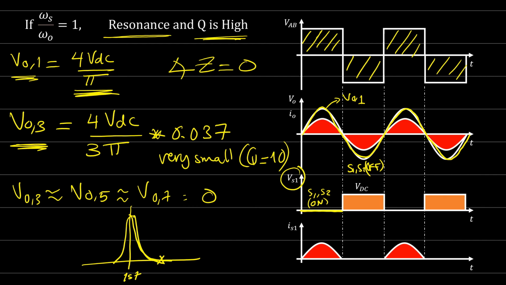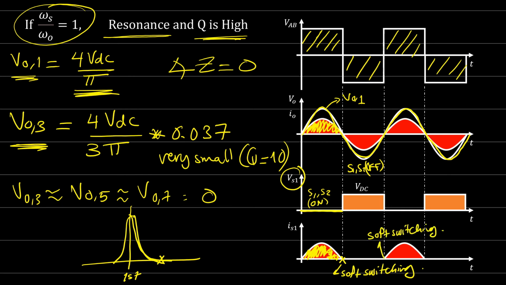And because we operate at resonance here, omega s over omega naught is equal to 1, you'll find that this portion of current, I out, will be exactly the current that is flowing within switch number 1. So when we apply switching action here, this will be soft switching. Here also we have soft switching. We have two modes only. Although we have a capacitor and inductor, we operate in mode 1 and mode 3.